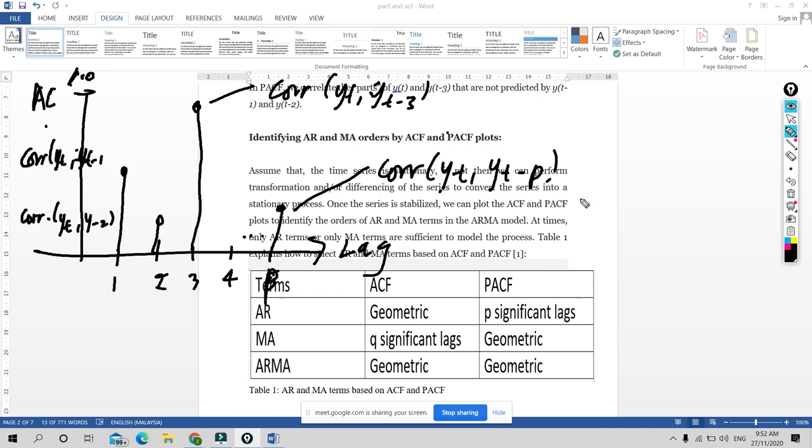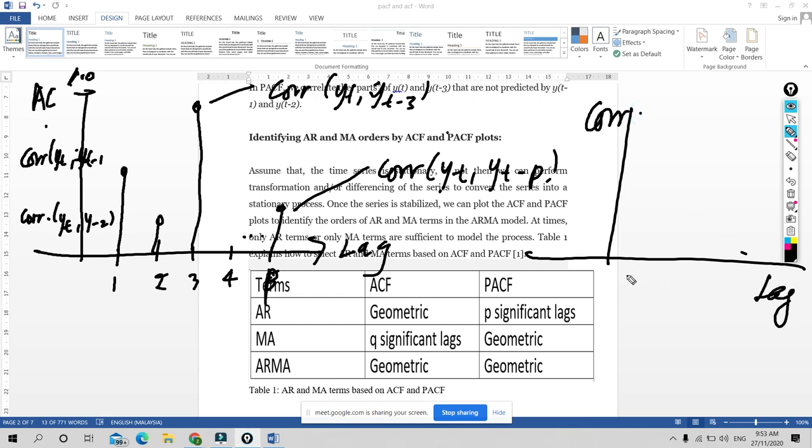Okay, the value here is the coefficient of the AR1 model. Let's say this is the value for phi_1 from linear regression, of AR1.